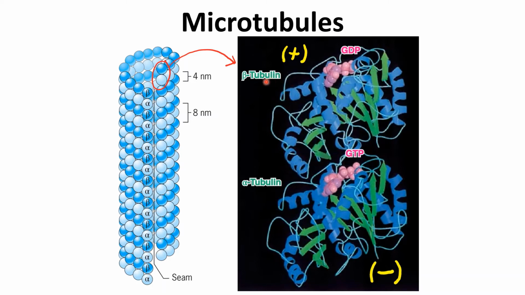Notice in this illustration, we have alpha and beta alternately, and all of these ends here are beta tubulins. This is the positive end of the microtubule, and this is where the microtubule will continue growing.